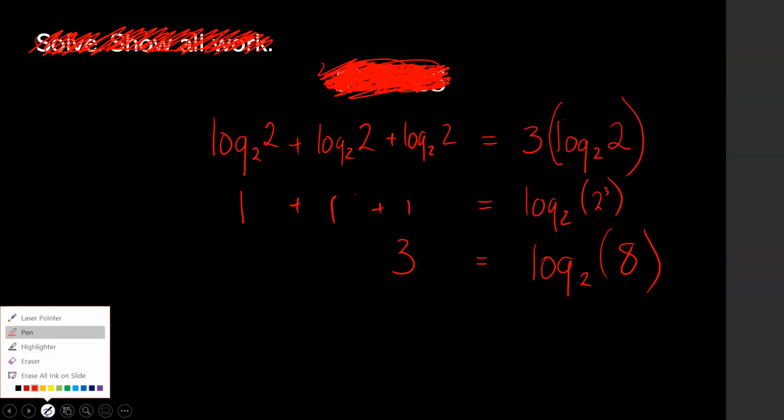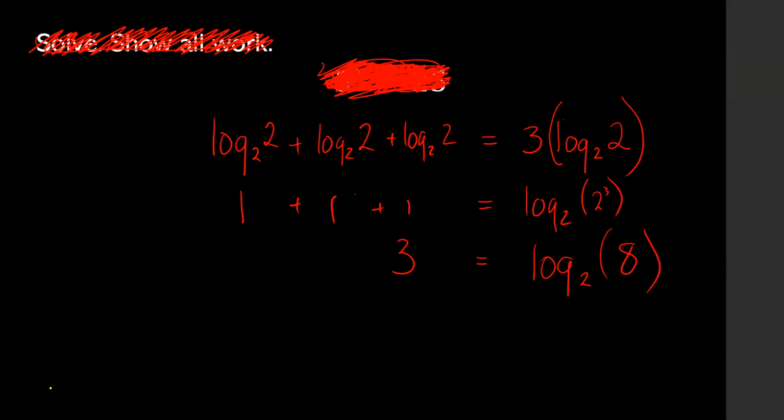And this hopefully helps you remember that the most useful logarithmic property is that the exponent on the number inside of the logarithm can be moved to be a coefficient in front of the logarithm.